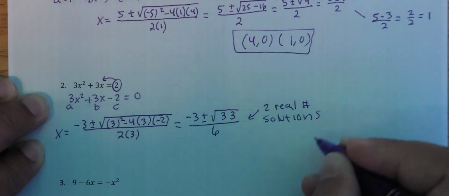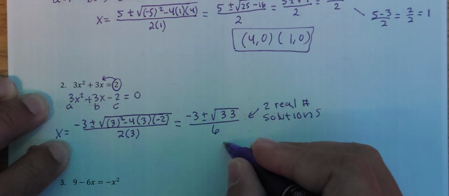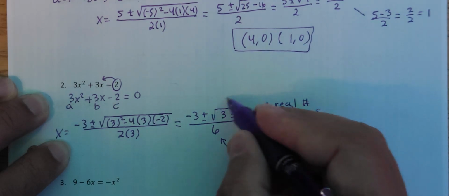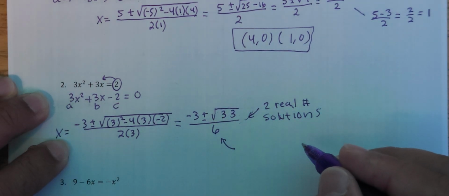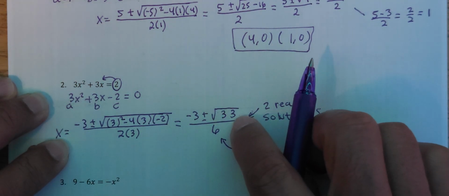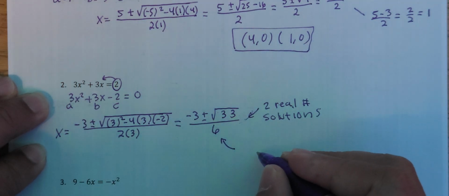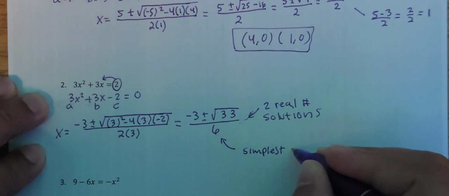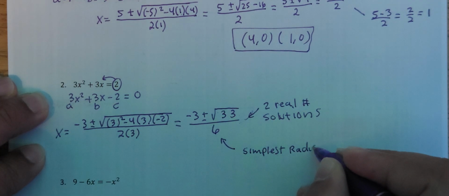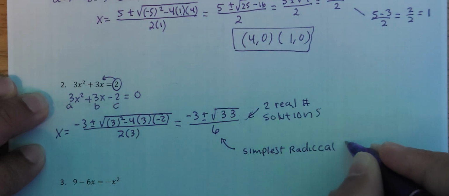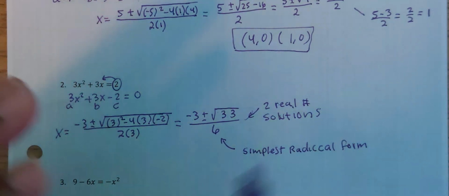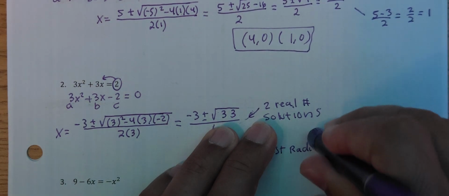So I'll just say that here. And also this is the simplest radical form because 33 is not a perfect square. The only factors of 33 are 3 and 11, so we can't take anything out of the radical. So this will be the simplest radical form.